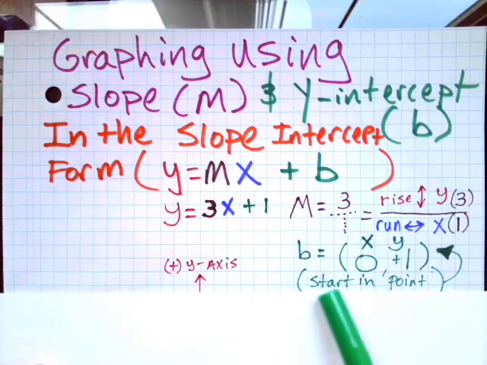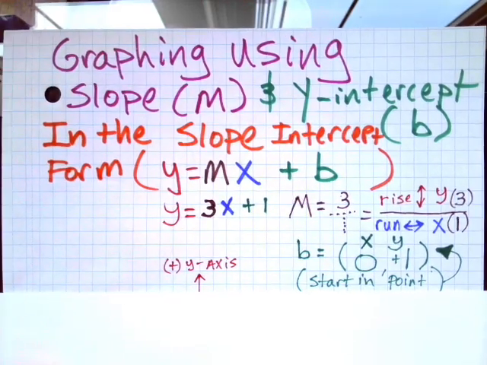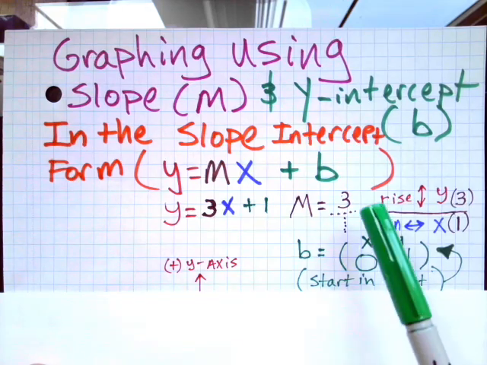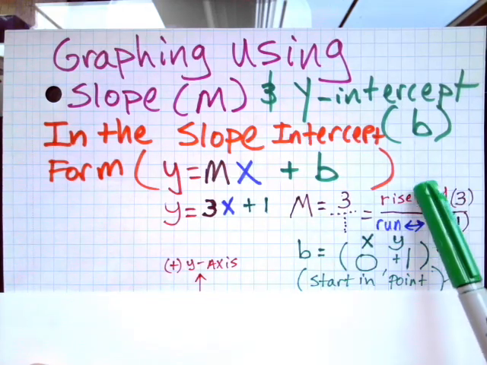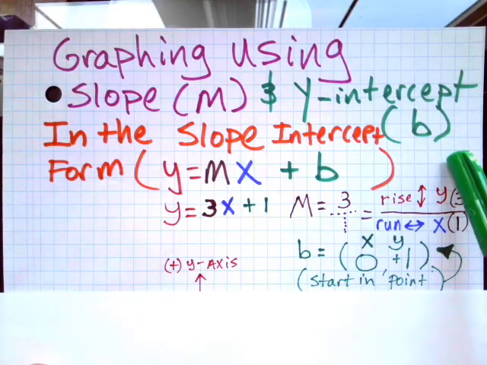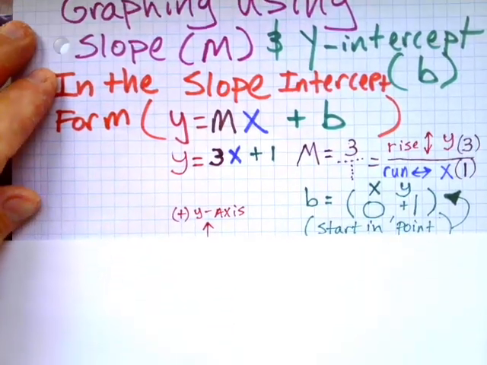In this case, we're going to start at the point 0, positive 1. Once I plot that y-intercept, I'm just going to follow the slope up 3 over 1. Plot my point. Up 3 over 1. Plot my point. Up 3 over 1 and plot the point.